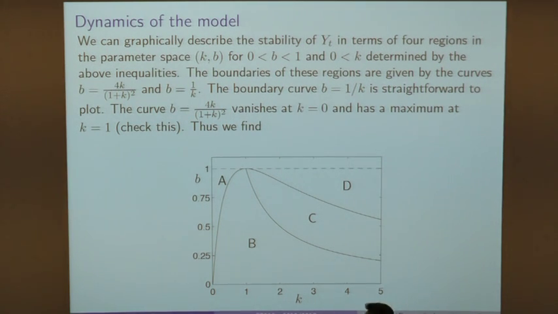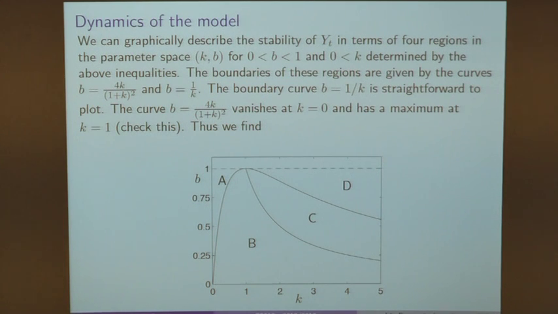If you fix the marginal propensity to consume and move along the horizontal line, that means you keep increasing the accelerator coefficient. For very small values of the accelerator coefficient, less than, let's say, 1, in this region A, you will have a monotonic convergence to the equilibrium value.